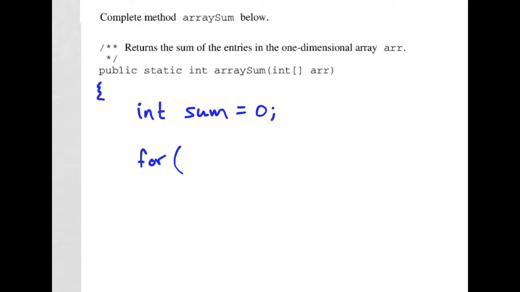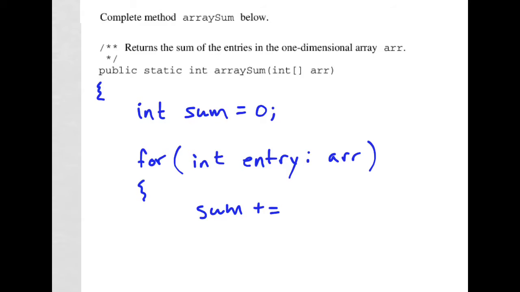For each integer, I'm just going to call it entry because it's an entry in the array. For each integer entry inside arr, what I want to do is get the sum, and plus equals, you can say sum gets sum plus, but this accumulates it just as well, does the same thing.